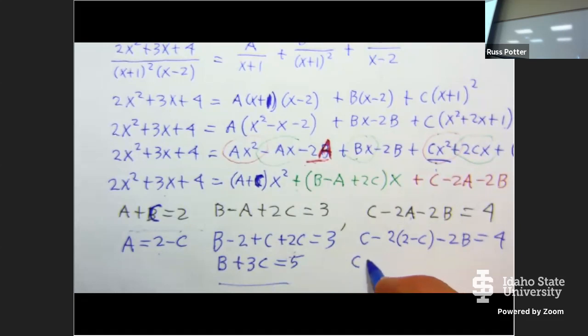We get c minus 4 plus 2c minus 2b equals 4. Okay, so I'm going to add 4 to both sides and add c to 2c. So I get 3c minus 2b equals 8.